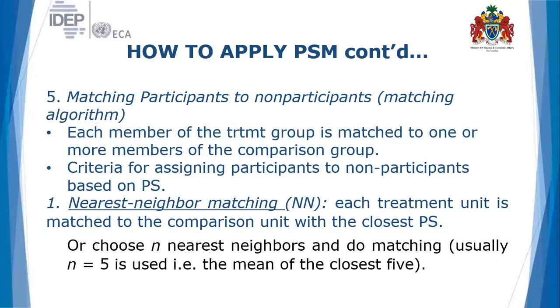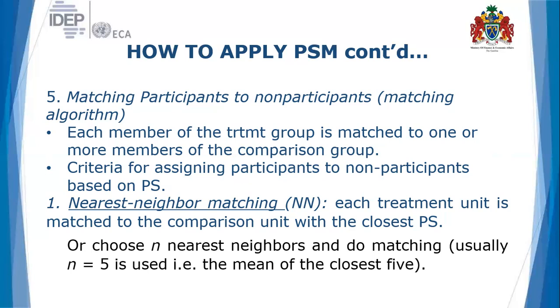So this assignment, or matching, is based on the propensity scores. And there are different techniques. For example, the nearest neighbor matching technique is one of the commonly used techniques for matching individuals in the treatment group and those in the control group.